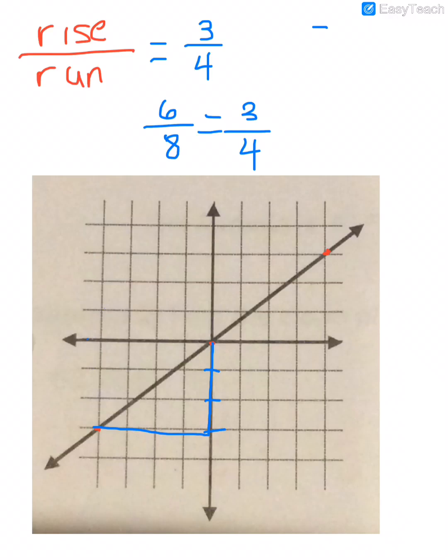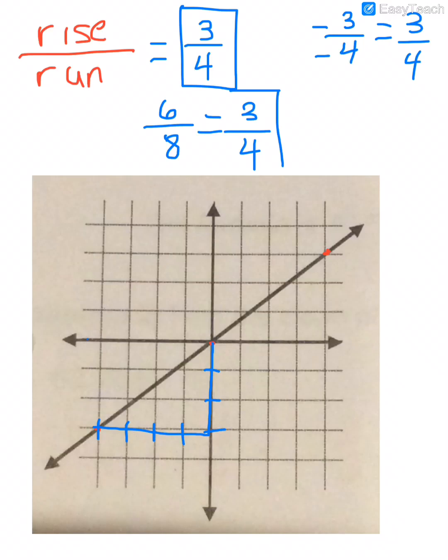So that would be a -3. And then I'm going to the left 4 spaces, 1, 2, 3, 4. So if I'm going to the left, that's also negative. So that would be a -3 over -4, which would become positive 3 over 4. So in all paths that I take, it reduces to 3 over 4, my rise over my run.